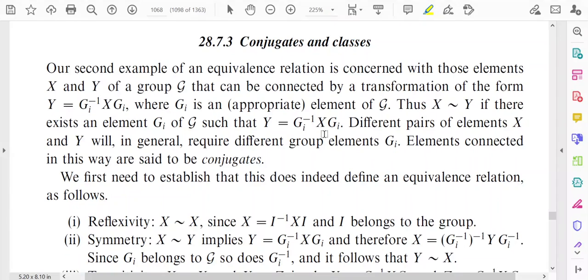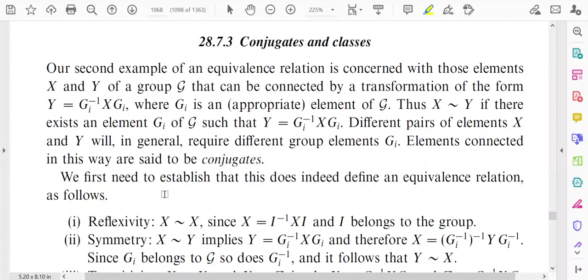For example, this is valid for a particular element of the group G, and for another pair of x and y you have to use a separate element from the group G. Elements connected by this relation are known as conjugate elements. So if you focus on this relation, we can say that x and y are conjugate elements.